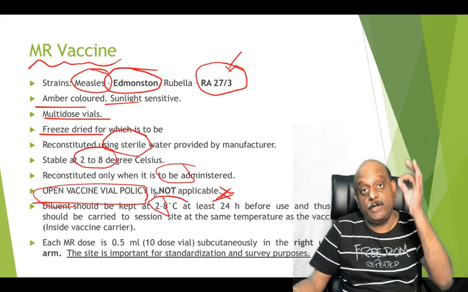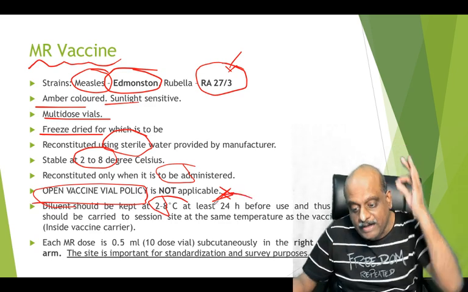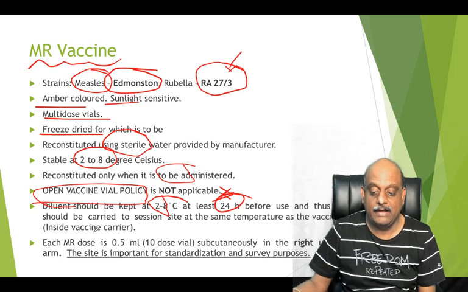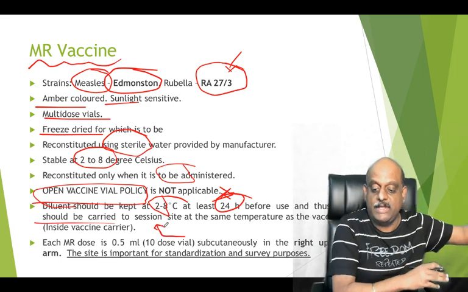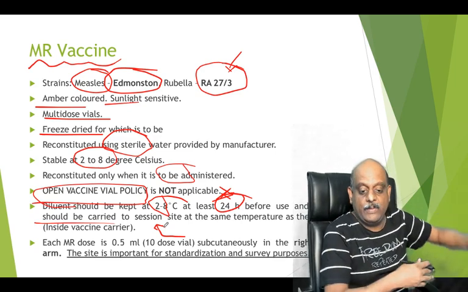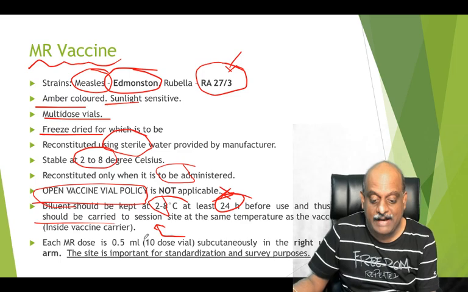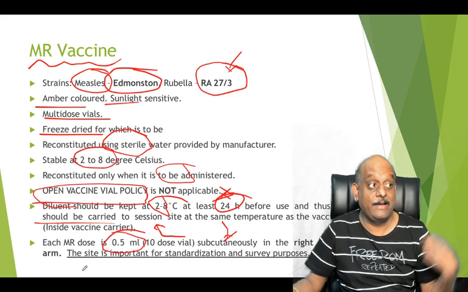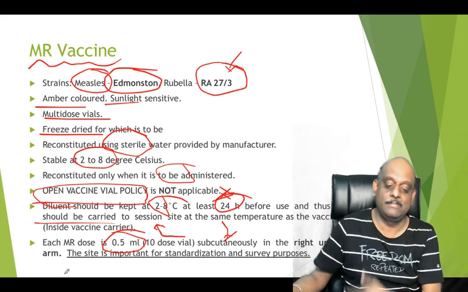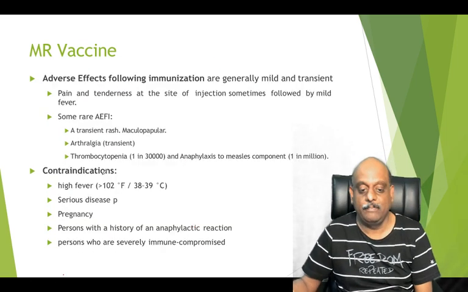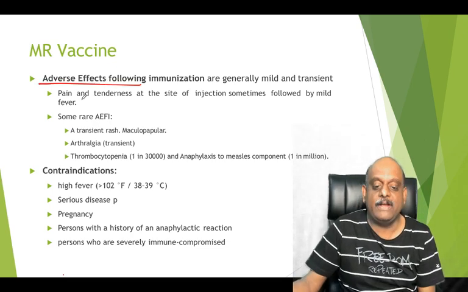Diluent should be kept at 2 to 8 degrees Celsius at least 24 hours before use, and it should be carried to the session site at the same temperature as the vaccine, inside the vaccine carrier, even the diluent. Each MR vaccine dose is 0.5 ml subcutaneously in the right upper arm, is what you need to remember. Right, doc? Now, adverse effects with MR vaccine?